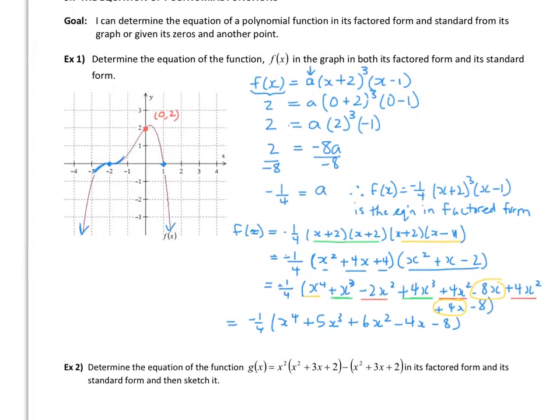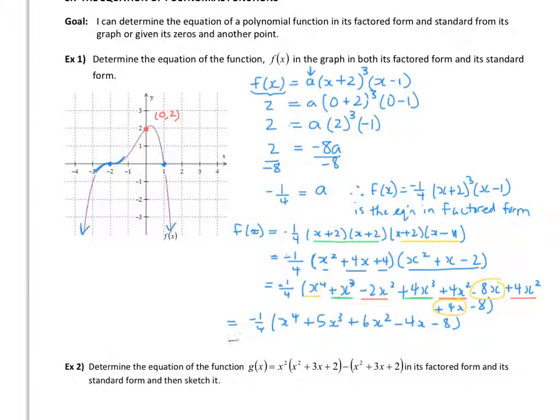Let's see if I can move this up. Barely enough room here. I think I can squeeze this in. We're going to get negative x to the 4 over 4, or negative 1/4 x to the 4. We would have a minus 5 over 4 x cubed. Minus 6 over 4, that would reduce to 3 over 2 x squared.